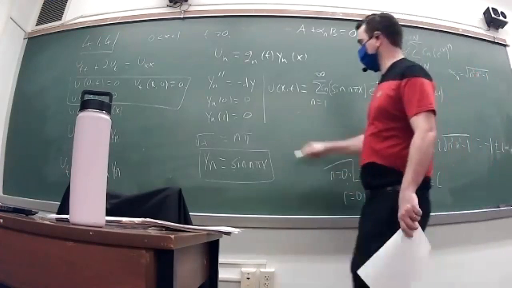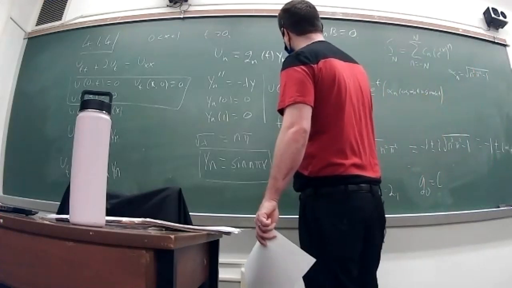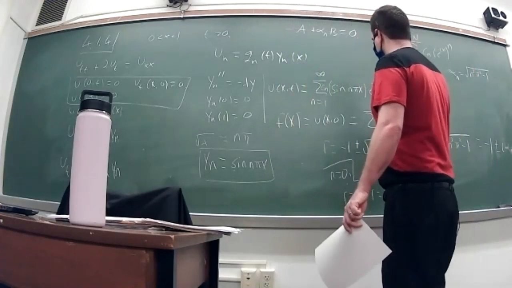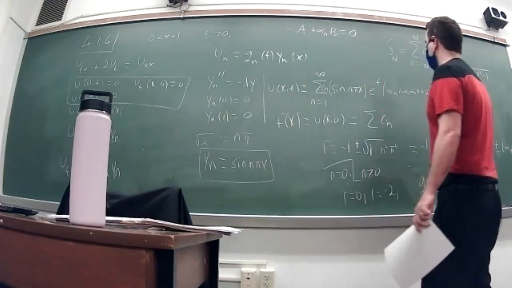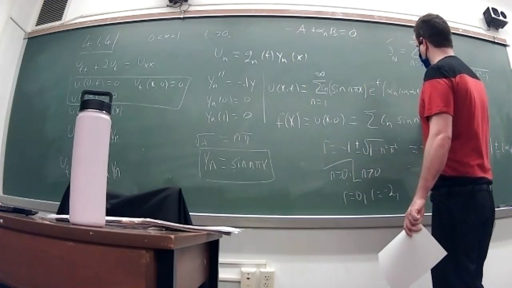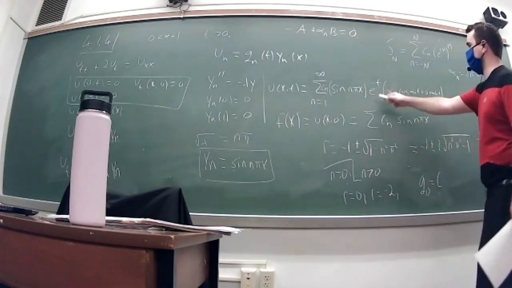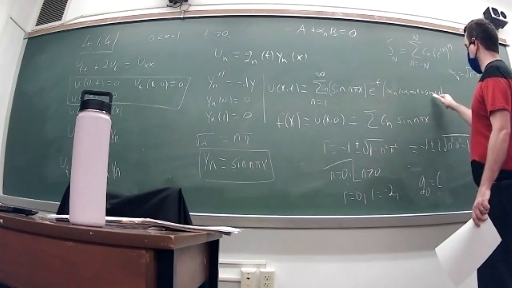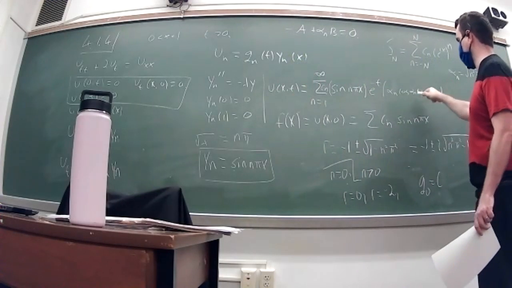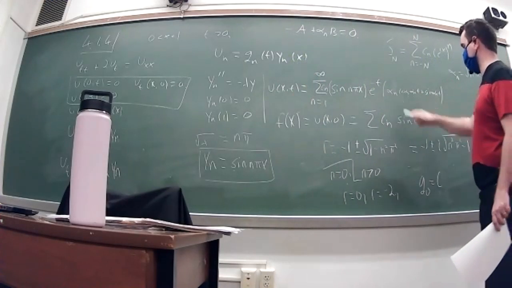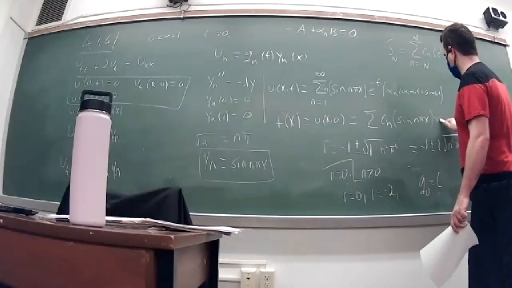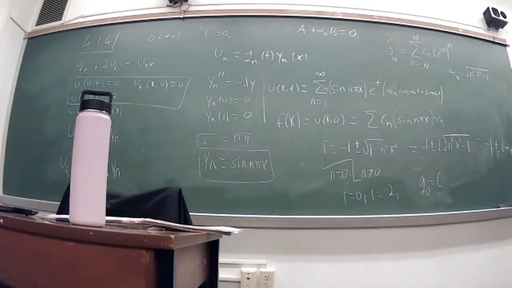And you've got f of x equals u(x,0), which is the sum of C_n times sine n pi x. And when t is equal to 0, e to the minus t is 1, sine alpha n times 0 is equal to 0, whereas cosine alpha n 0 equals 1. So you actually get this alpha n term there.